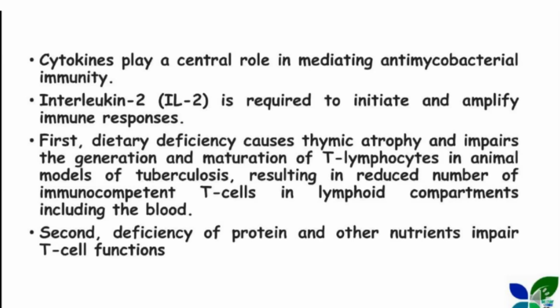First, dietary deficiency causes thymic atrophy and impairs the generation and maturation of lymphocytes in animal models of tuberculosis, resulting in reduced number of immunocompetent cells in lymphoid compartments, including the blood. Second, deficiency of protein and other nutrients impairs cell function.